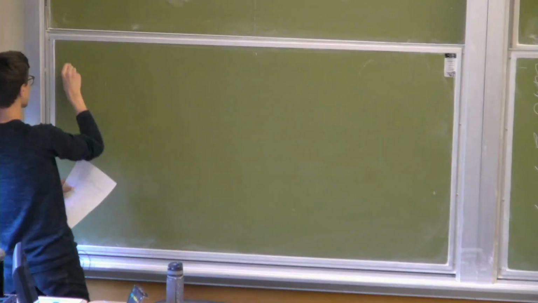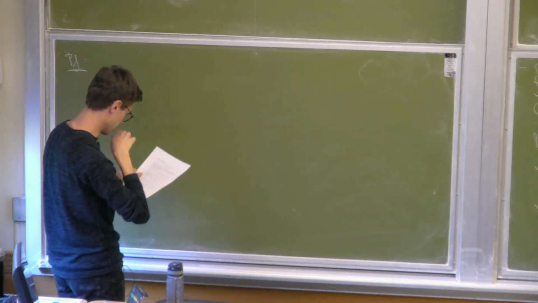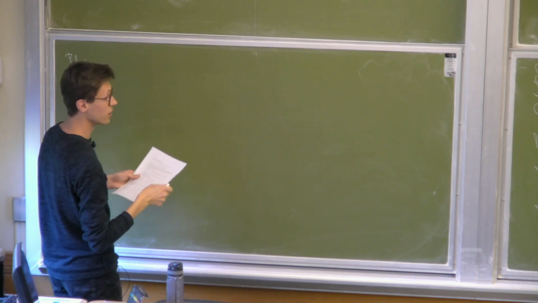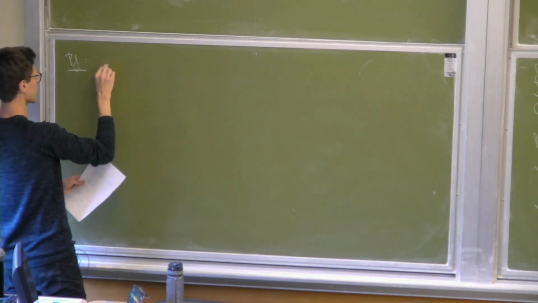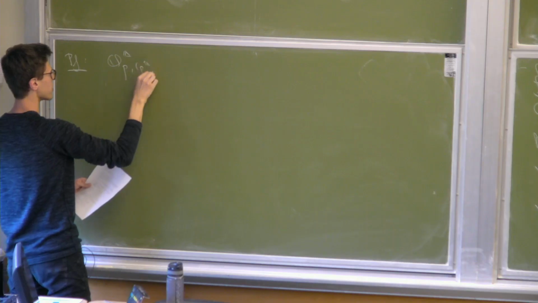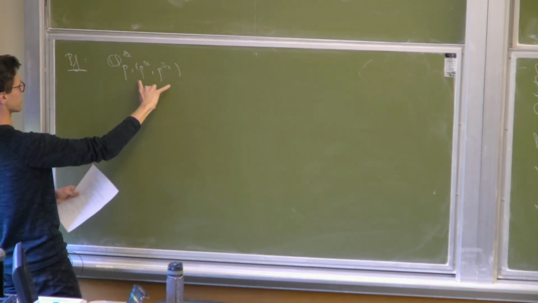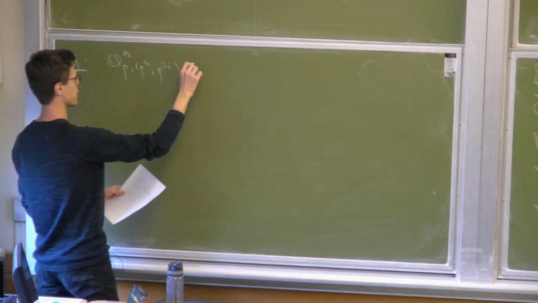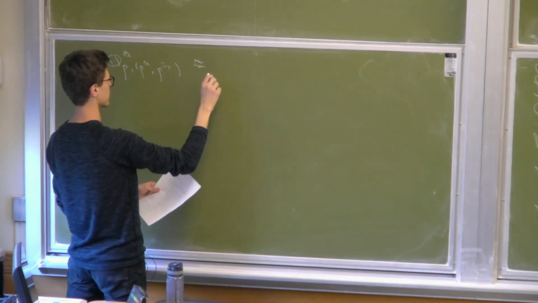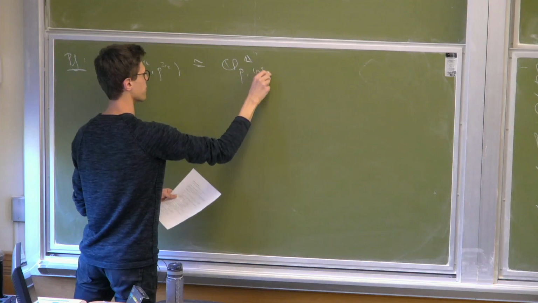And okay, maybe I just briefly say something about the proof. So you should observe that on this locus, to which I've restricted, the prismatization is just isomorphic to its own de Rham stack.